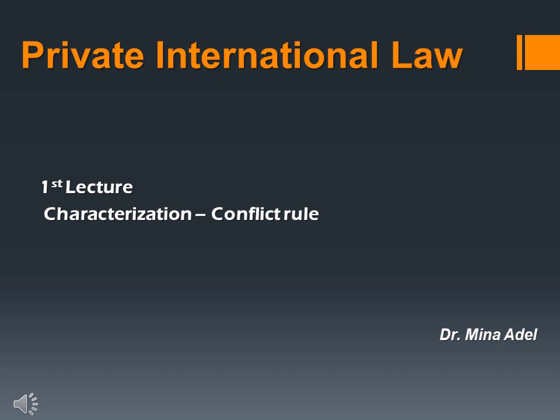So the example of harmonization of substantive rules is the Vienna Convention of 1980, and the example of harmonized conflict rules on the European scale, we have, for example, Rome 1 regulation and Rome 2 regulation.